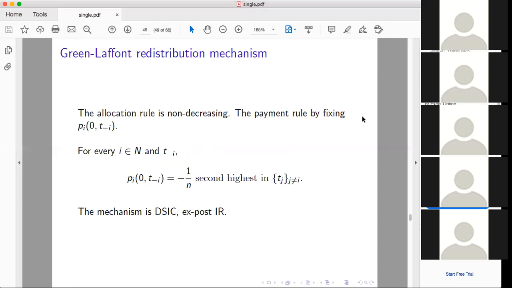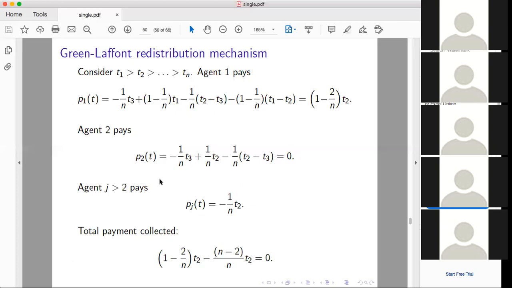Okay, so agent 2 makes a payment equal to 0 here, because again he's compensated minus 1 over n t3. Okay, and if you evaluate that expression, he gets the object with probability 1 over n, so this is t2 by n, minus that integral.